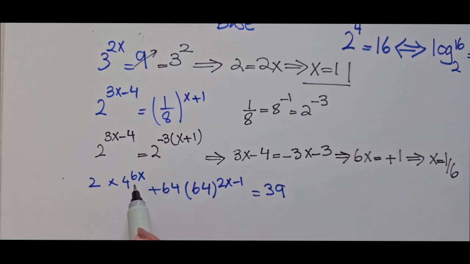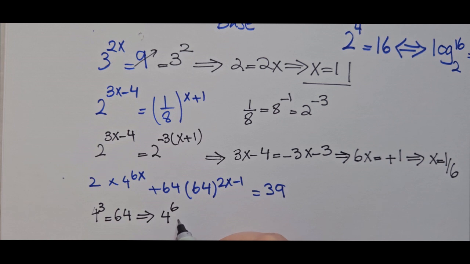So let's see, 4 to the power 3 is actually 64, okay? So 4 to the power 6 would be 64 to the power 2, and 4 to the power 6x would be 64 to the power 2x.